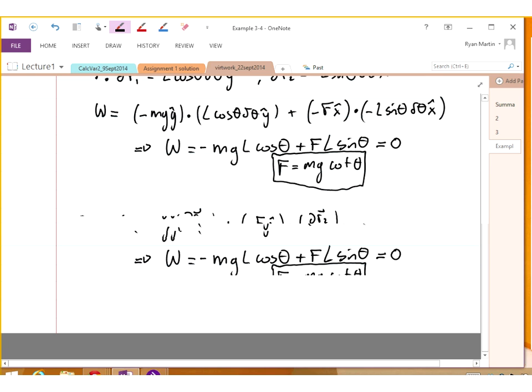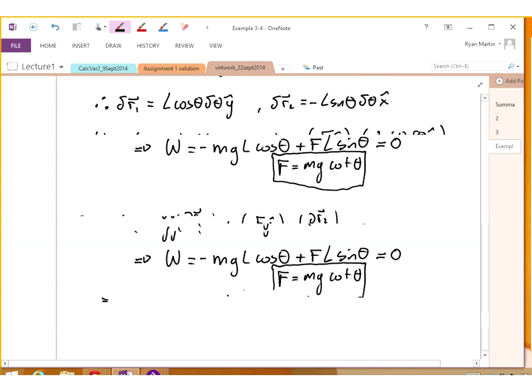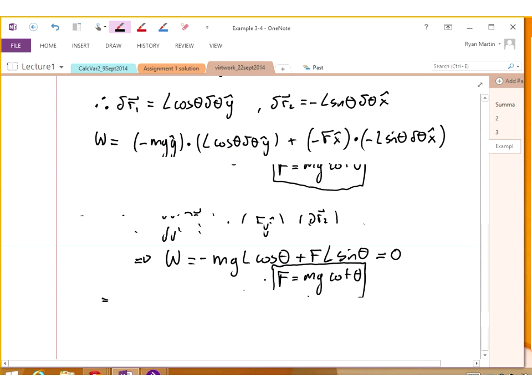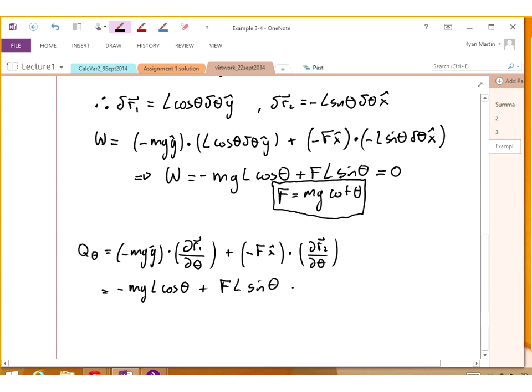So that's a pretty much identical equation. And so dR1 by d theta is L cos theta. So here you get minus mgL cos theta. And then the second term is going to be plus FL sine theta.